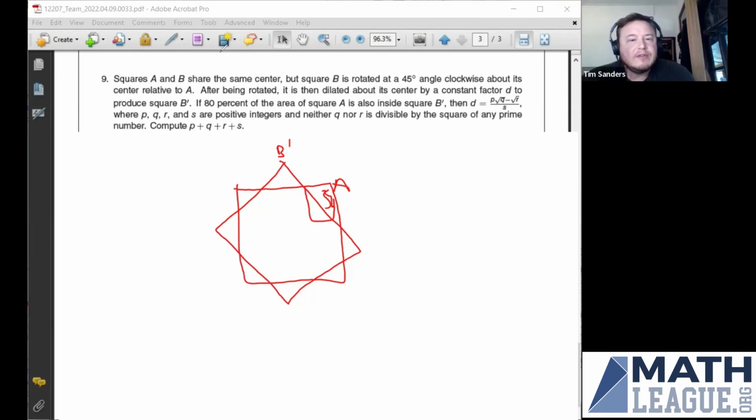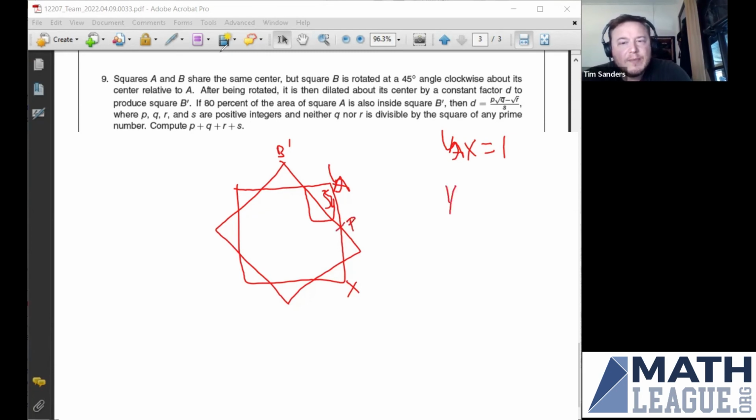So let's say that the side length of A is 1. So I'll put it like this: AX equals 1. Well, maybe I should call this a Y. YX equals 1. Then I've got this point here, P, right?